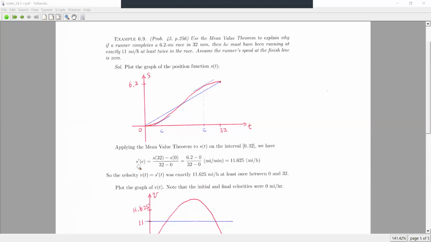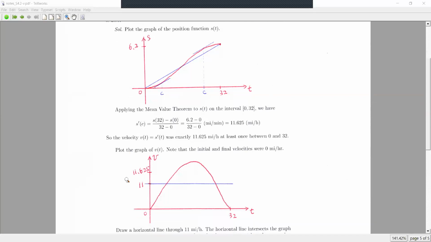Recall that derivative of position function is velocity. So this equation says that at some time c between 0 and 32, the velocity of the runner is this number. Okay, now keep this information in mind and also know that the speed of the runner at the beginning when time is 0, and also by assumption the runner's speed at the finish line is 0.